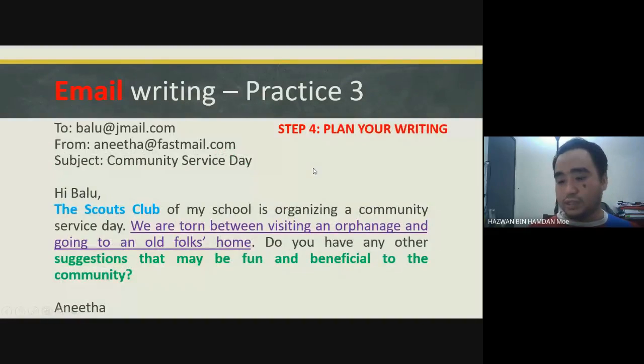So after you have done just now, tadi kita dah brainstorm dekat mana suggestion tu. The next part that we are going to do is to plan your writing. Kita dah brainstorm ideas on what to expand in your essay. So now you are going to plan your writing, and then you are going to write it up.